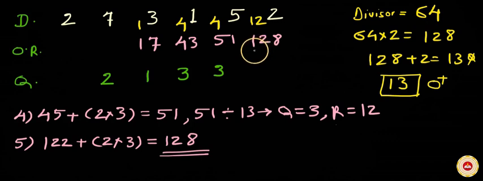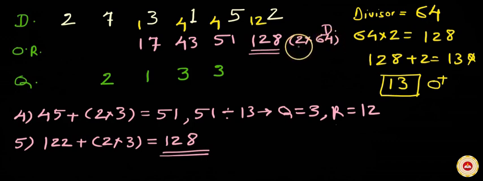Now friends, observe this last osculation result, which is 128, which is 2 multiple of divisor 64. Let me write here: 2 multiple of divisor 64. This 64 is the divisor. The last osculation result is 2 multiple of the given divisor.